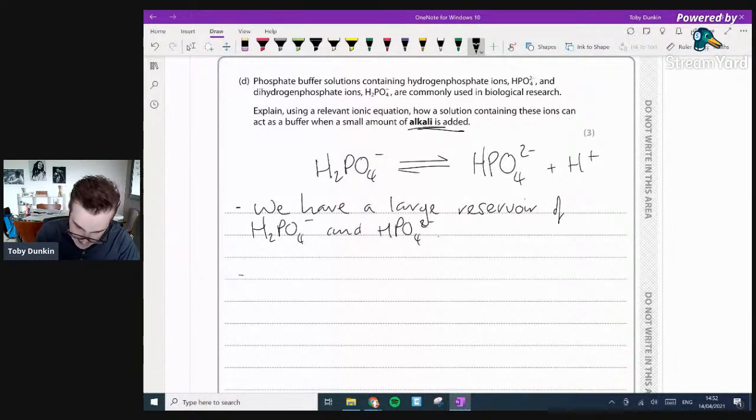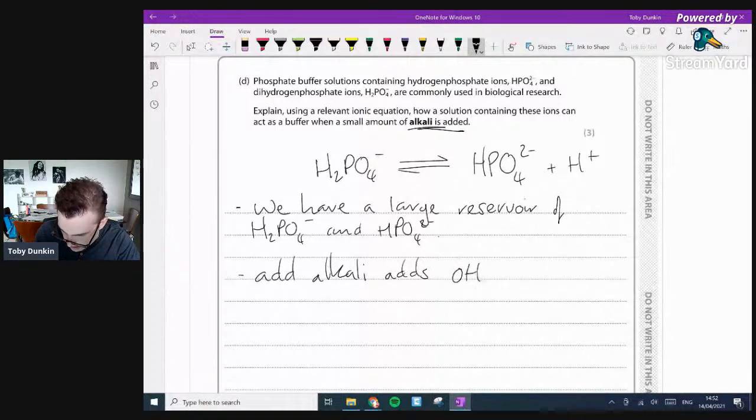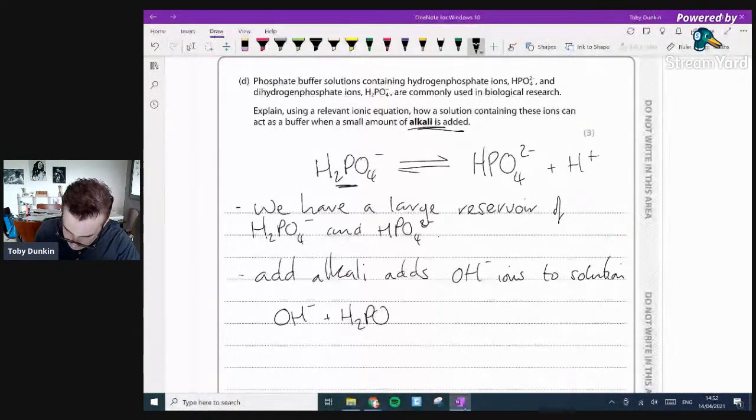What we then say is that adding alkali adds OH- ions to the solution. Those OH- ions will react with the acid, and the acid in this case is H2PO4-. It will form HPO4 2- plus water.